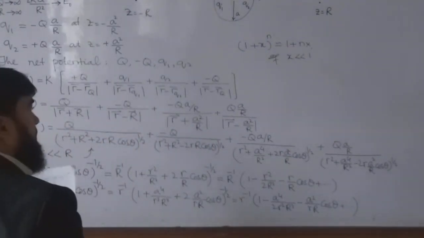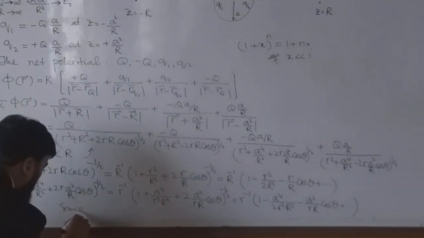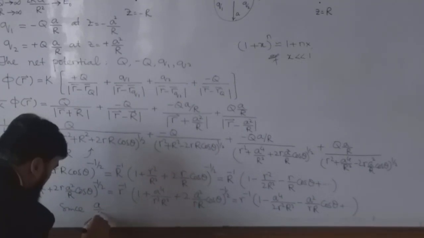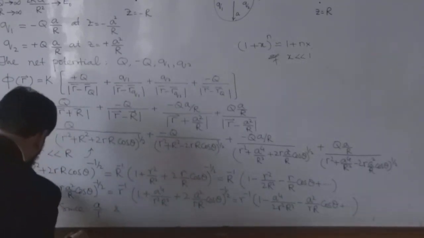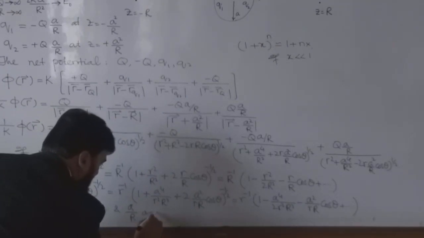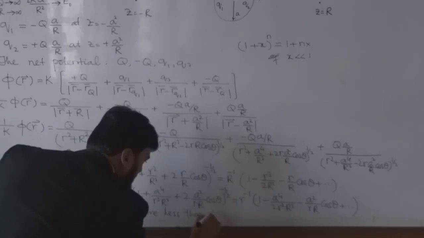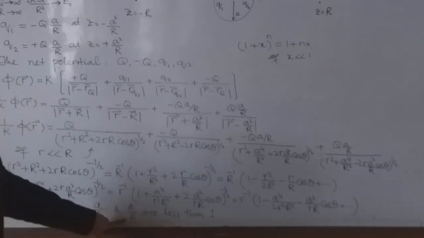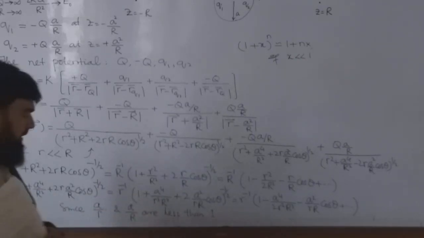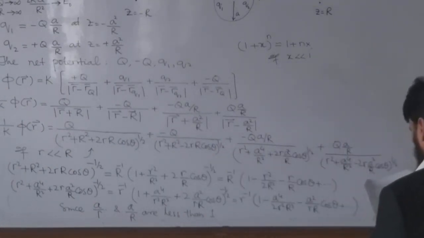And this is the reason that A over r is less than 1. It will also be less than 1, and it cannot be 1 or greater than 1.